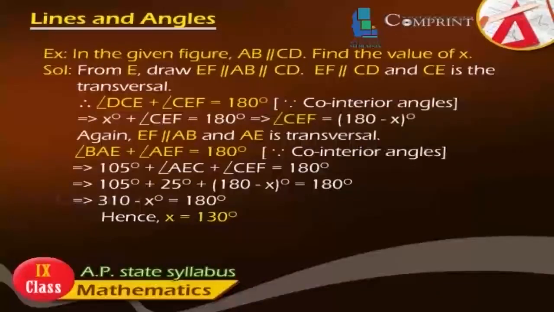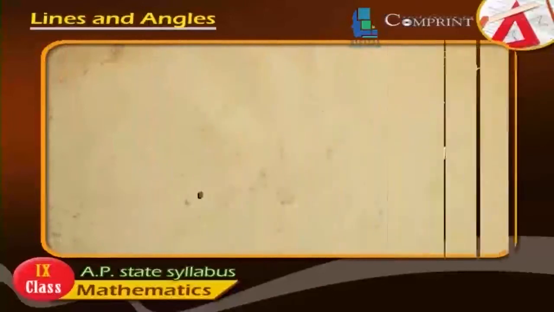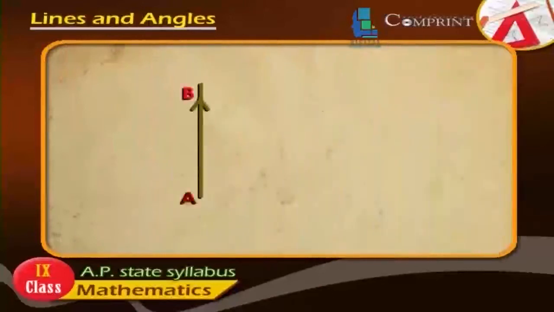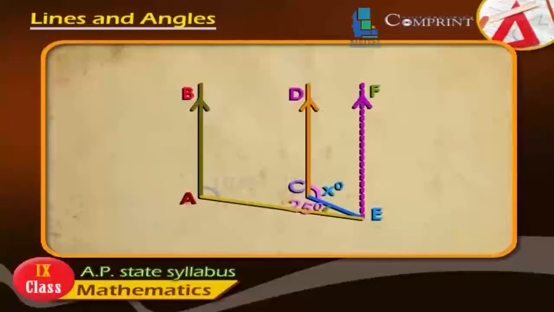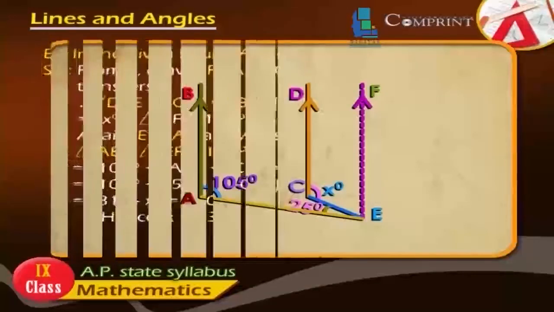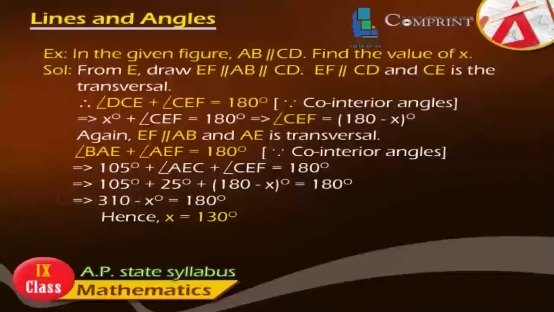Example. In the given figure, AB is parallel to CD. Find the value of x. Solution. From E, draw EF parallel to AB, parallel to CD. EF is parallel to CD and CE is the transversal.